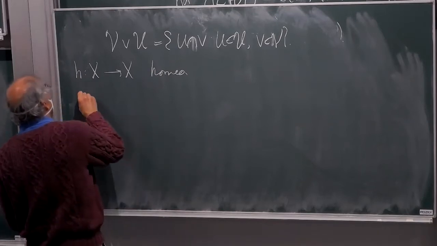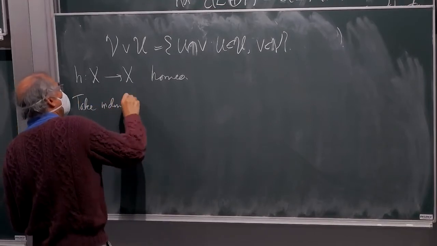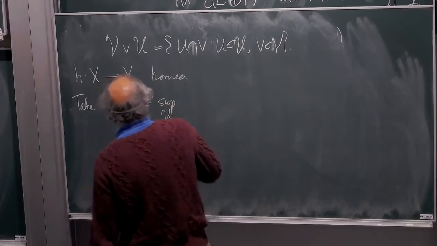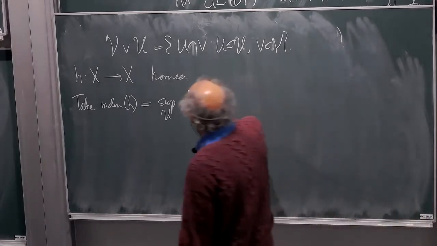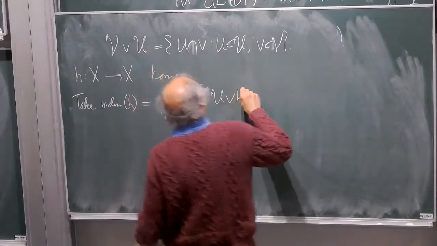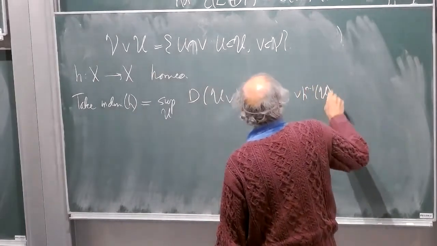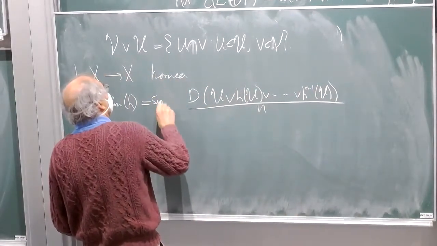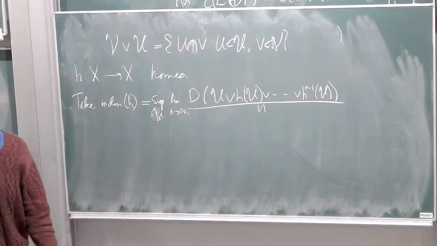And I will define the mean dimension of h to be equal to the sup over U of the limit as n goes to infinity of the capital D of U join h of U join up to h to the n minus 1 of U, and I'll divide by n. I'll write down the expression and say something about it afterwards. Let's check the limit exists.